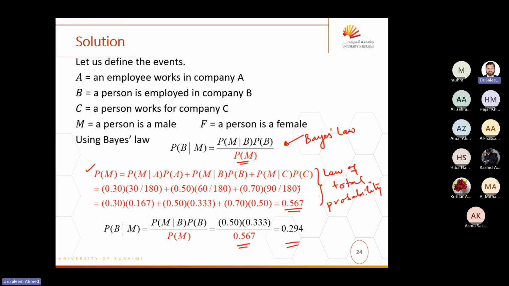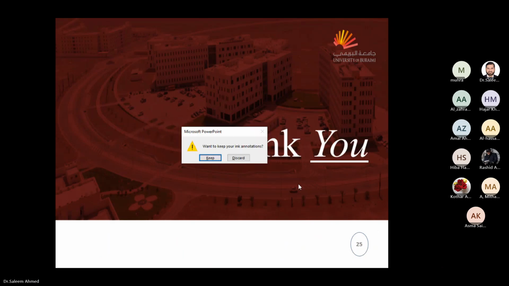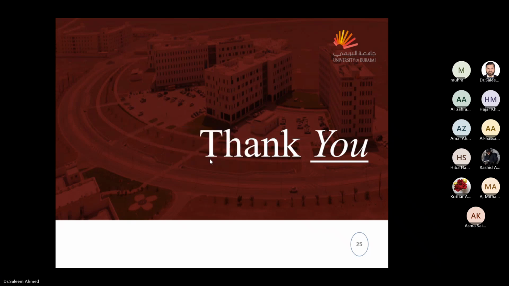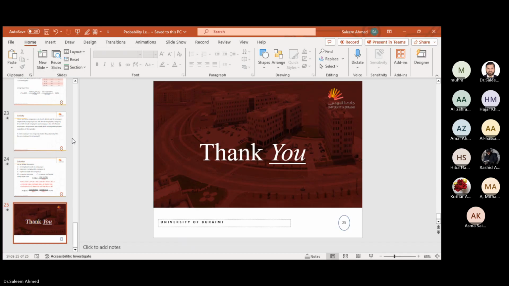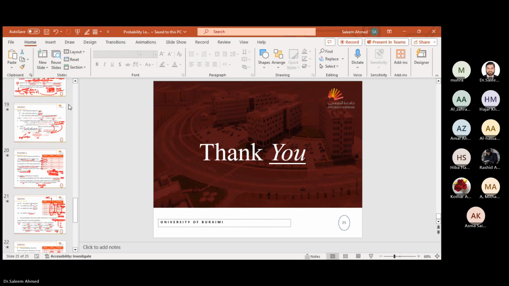All right, guys. So this is the Bayes rule, a very simple rule. If you have any questions, let me know.